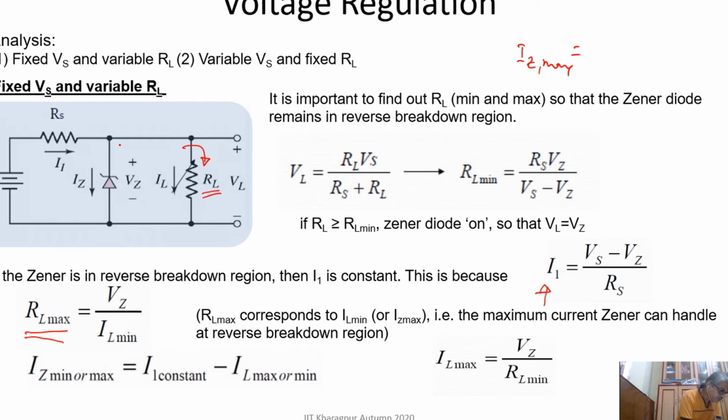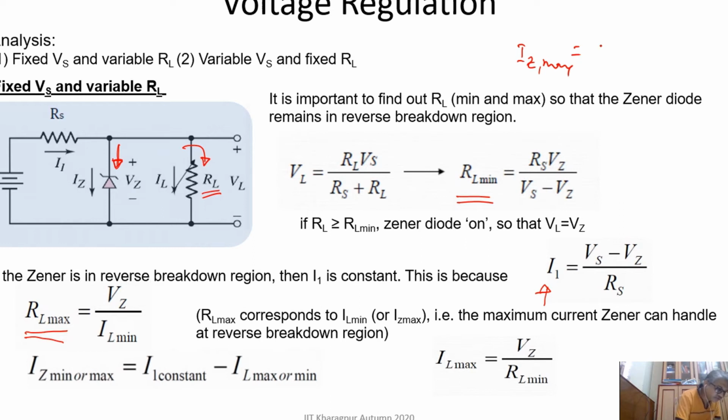That means a much larger current is going through the Zener. This is just the opposite case of when we are finding out RL min. So if the current passing through the Zener is more, we have to make sure this larger current is less than IZ max, which is specified in the specification sheet of the Zener.